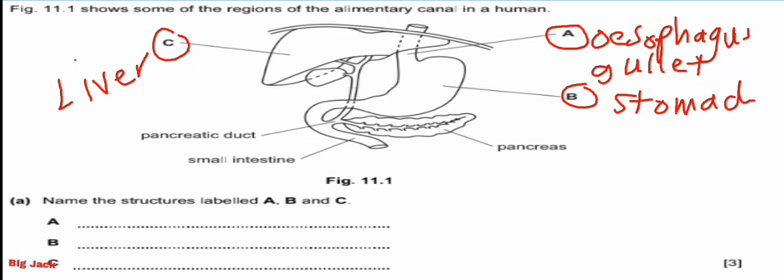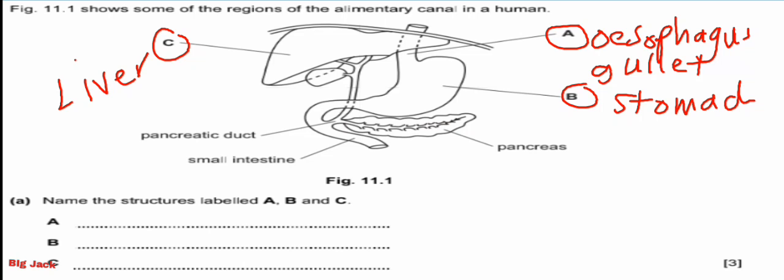So we are going to say A is going to be the esophagus or gullet. The function of the esophagus or gullet is just the passage where the food passes when it is coming from the mouth. Then as for B, we can say B is the stomach, an elastic bag which stores food or the nutrients temporarily.